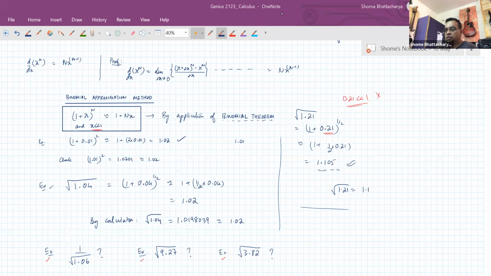Abhinav, Mansi, Prithvi. Yes, that is correct, Jairaj. The question that you have asked, x can be a negative quantity also, but its magnitude should be less than 1, very small compared to 1. And similarly, the power n can also be negative.